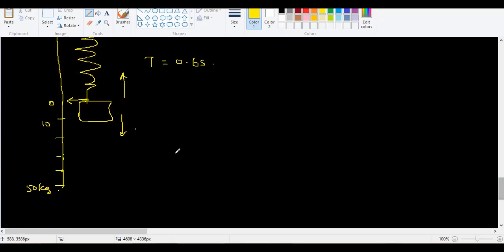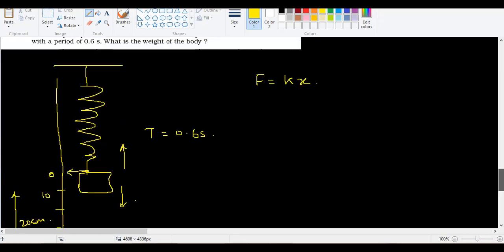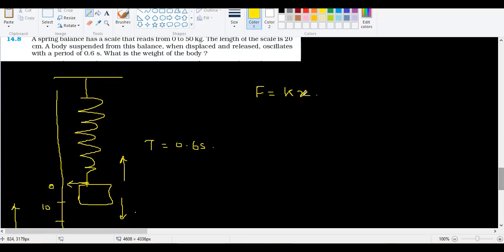The total measurement which you can do with the scale is only 50 kg. What this tells me is, when this is 20 centimeter, this will be 50 kg. So it means 50 kg into gravity. Instead of 9.8, just for simplicity, I'm going to take 10.